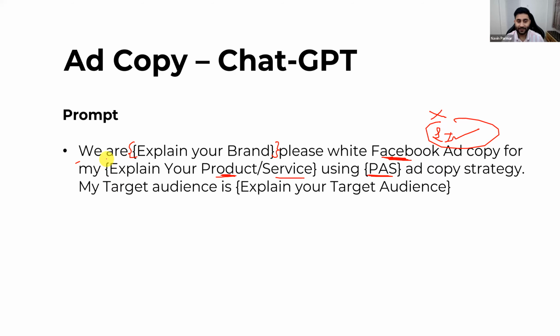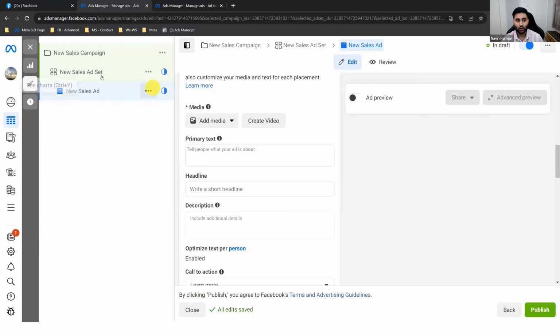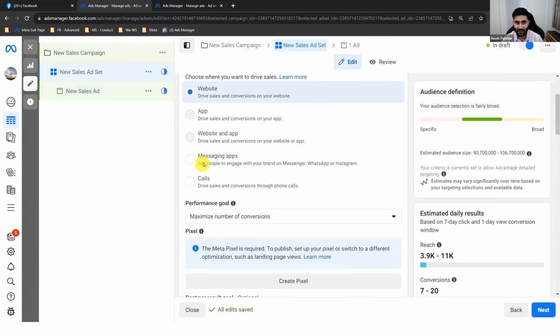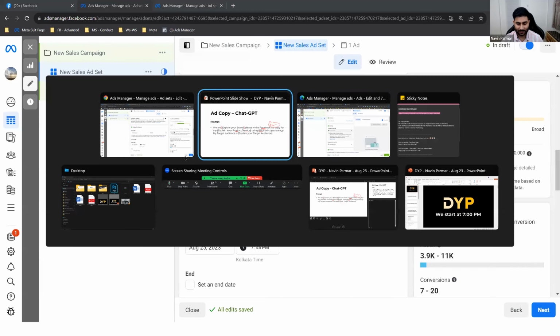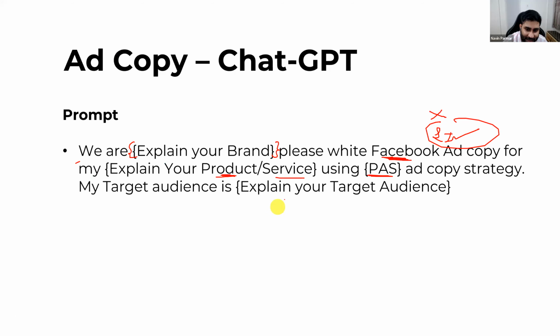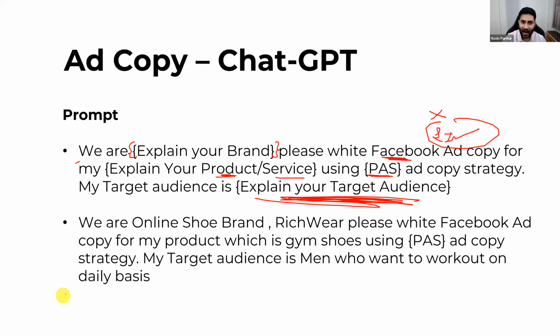Then whatever targeting audience you are going to use on your ad set level, by going through my course, you are going to explain your target audience in the last line. So example, we are an online shoes brand, Rich Wear, which is my brand name. Please write Facebook ad copy for my product, which is gym shoes, using PAS ad copy strategy. My target audience is men who want to work out on a daily basis. Clear, everyone?